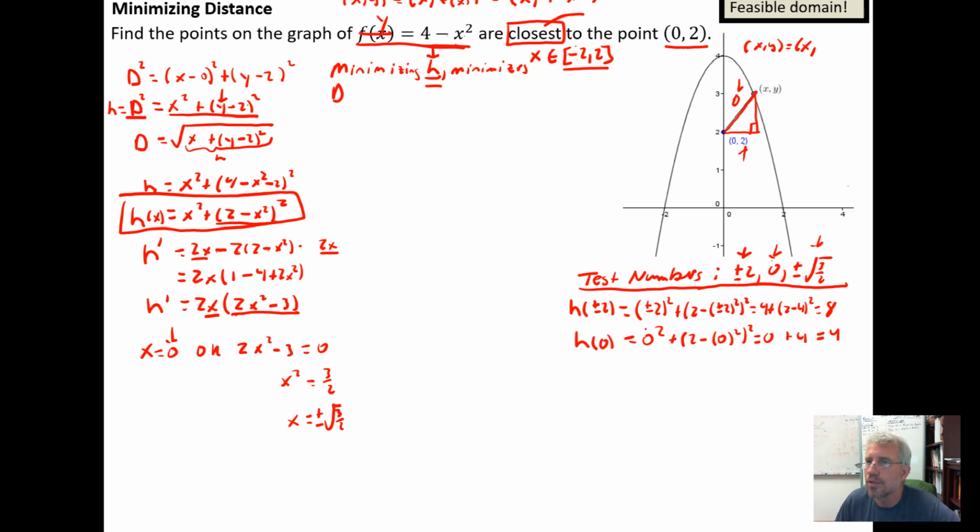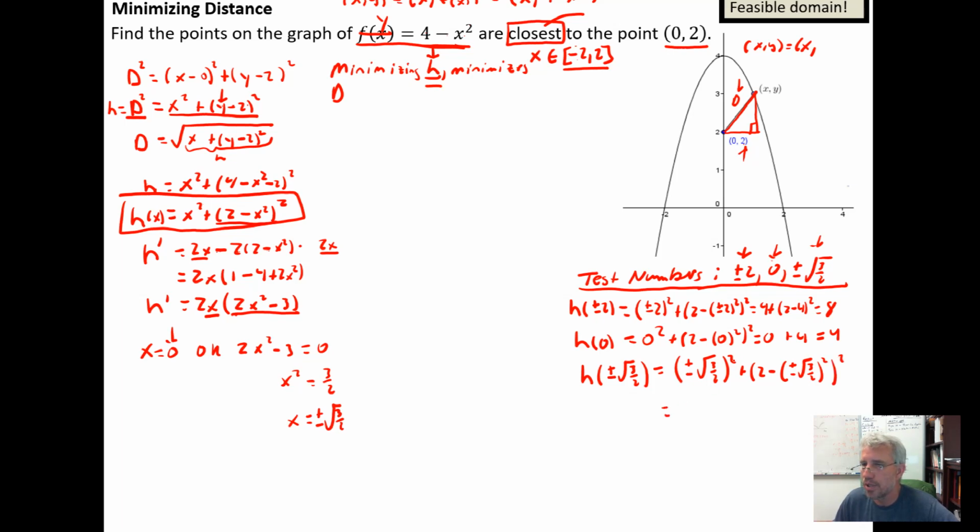And finally, I want to plug in plus or minus the square root of 3 halves. So h evaluated at plus or minus the square root of 3 halves equals plus or minus the square root of 3 halves, quantity squared, plus 2 minus plus or minus the square root of 3 halves, squared, all squared, and then simplify.